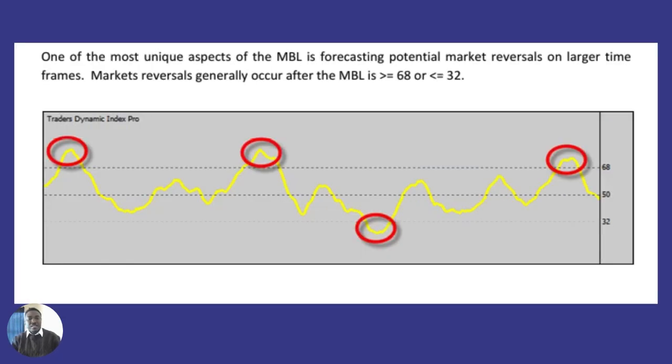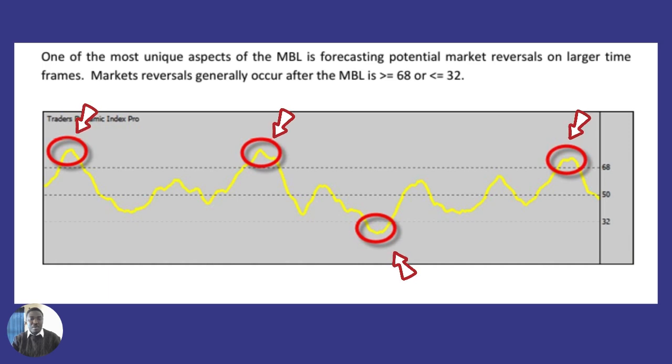So again, as I said, you can see that the market baseline is moving from level 68 down to level 32, back to level 38 to 32. So this is to tell you that the yellow line also shows some level of overbought and oversold. And if you see the market baseline around this level, it's telling you that the market is in for a long ride, because remember that the market baseline shows the long-term trend in the market, right?